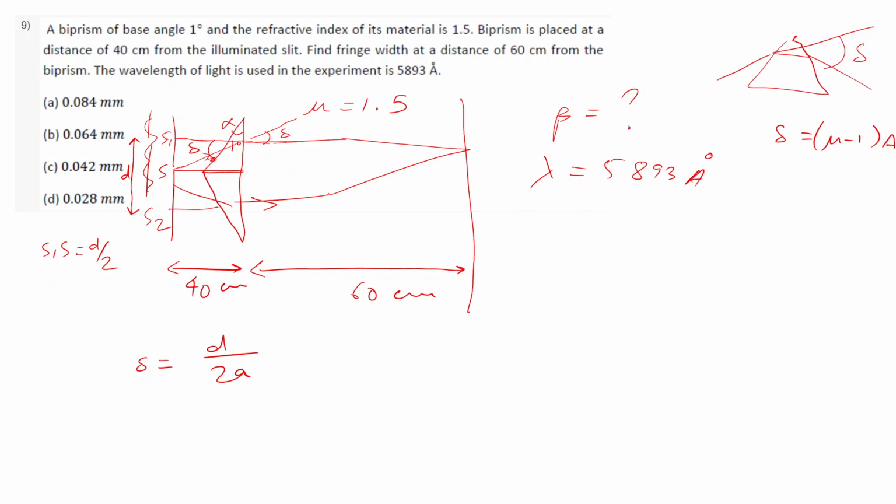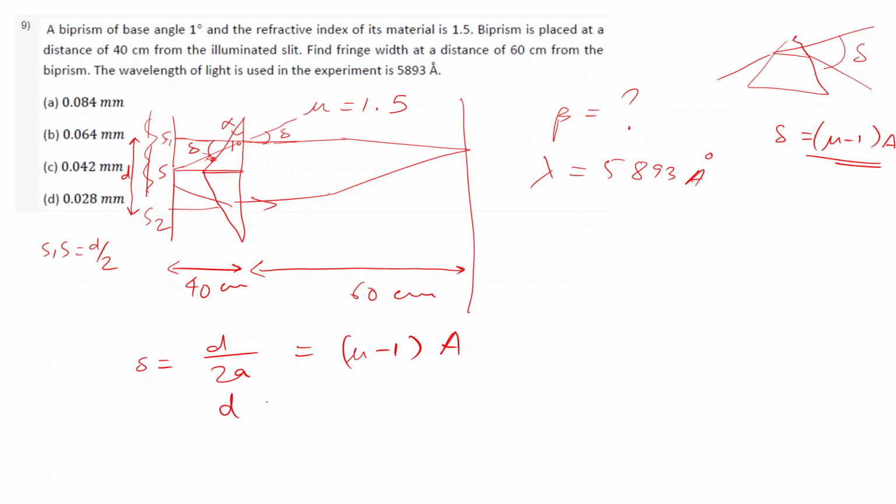Using tan of the angle, but since it's very small, we can take this angle to be equal to d by 2a. Since delta is also equal to mu minus 1 times alpha, when we equate these two things we get an expression.